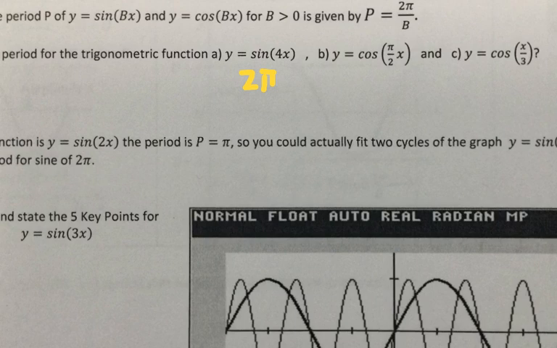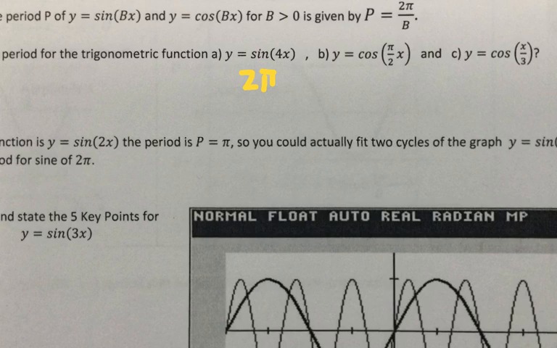I'm not saying on the graph, but like on the phase shift, when we had plus pi over 3, that meant I was going left pi over 3. On a vertical shift, if I had a plus 7 on the outside, that meant I was going up 7. Right here, what does it look like is happening?